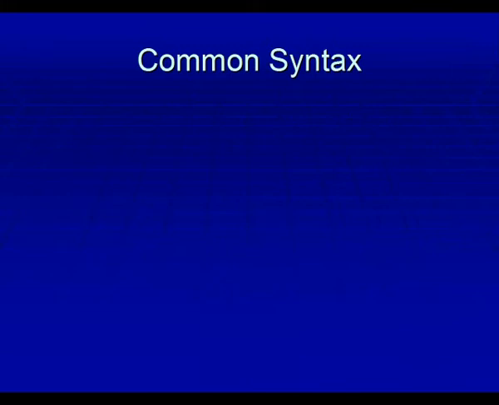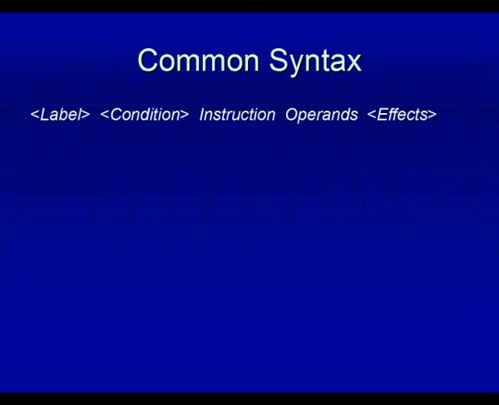There's something else to say about the common syntax here. There's also some optional parameters. You see, I told you about instruction and operands, but there's also an optional label, condition, and effects fields that are included in every assembly instruction.